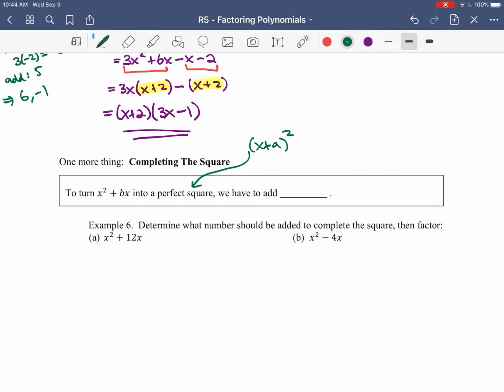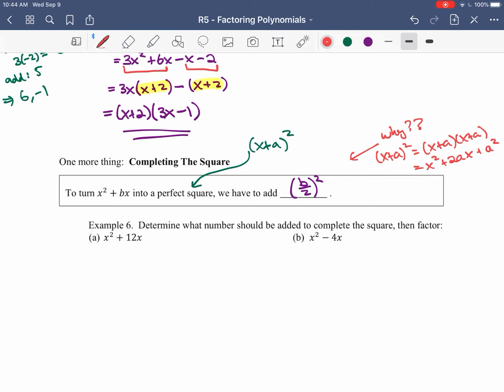To do that, what we need to do is add b over 2 all squared. How do I know that? If it was x plus a all squared, that means it's x plus a times x plus a, and if you expand this, you get x squared plus 2ax plus a squared.